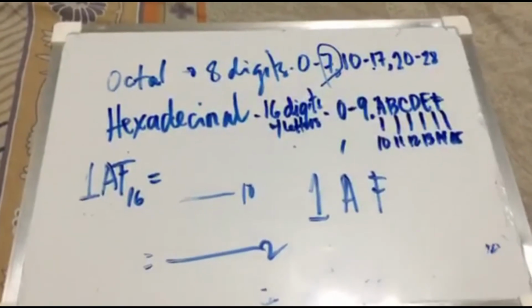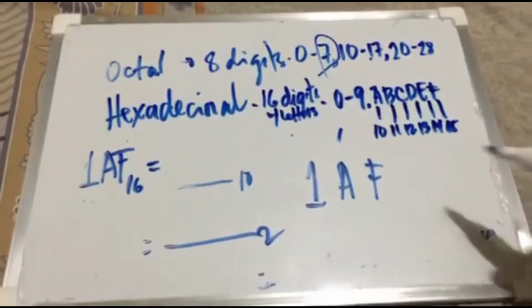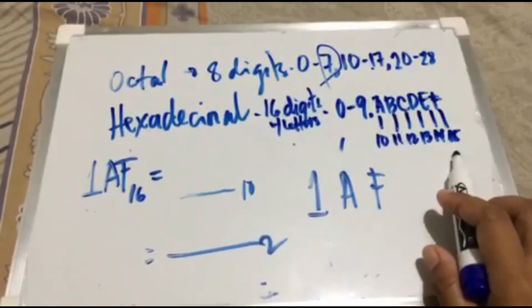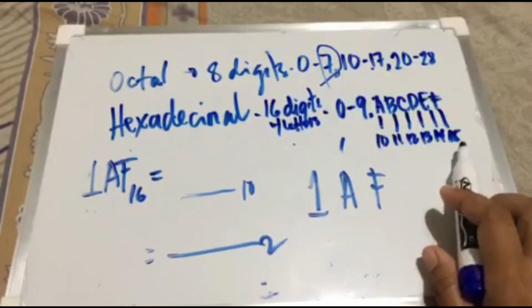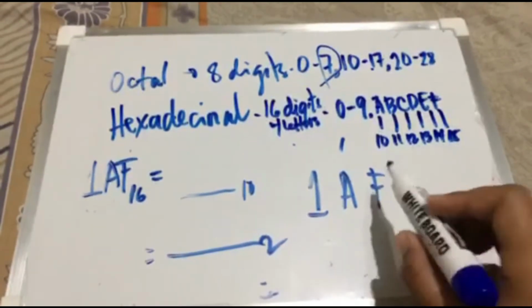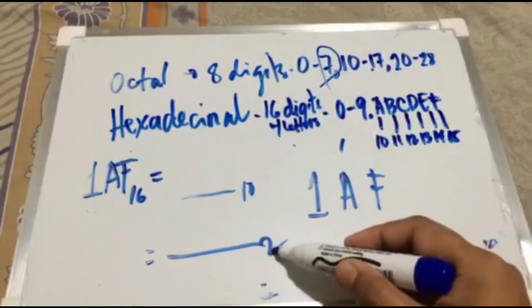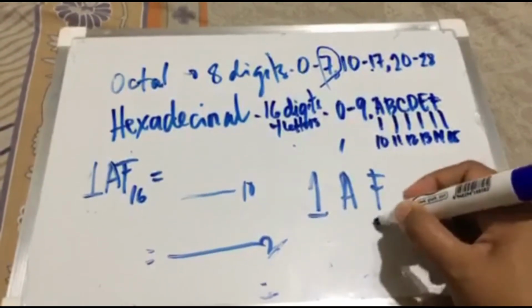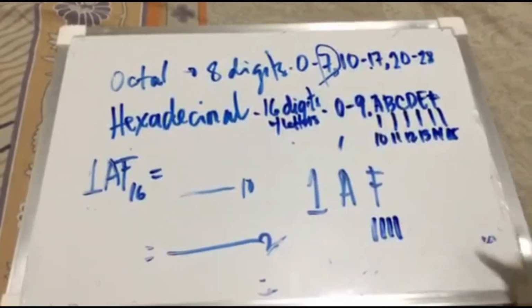We know that in hexadecimal, letter F is equal to decimal number 15. So if we're going to put it in the binary equivalent, we have 4 ones.